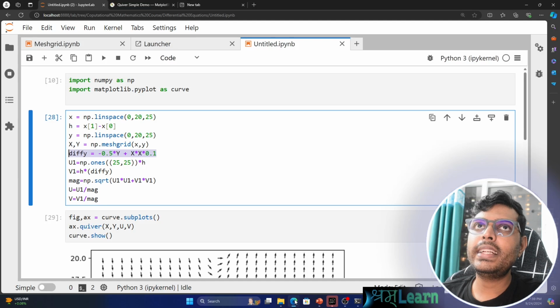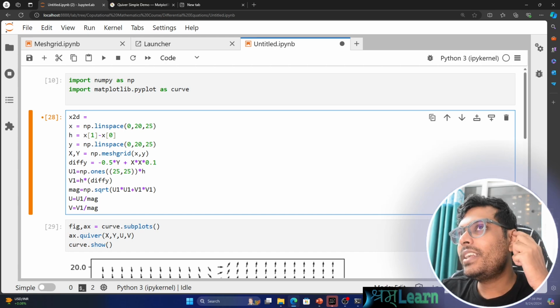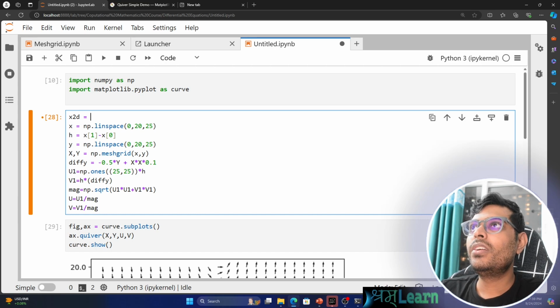So let us get back to the notebook. For the solution, can I write x2d, or x curve, just to say this is a different matrix for a variable.